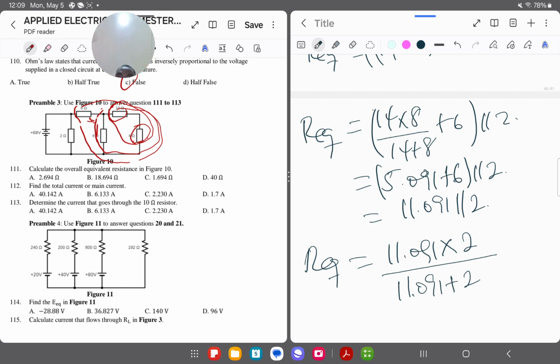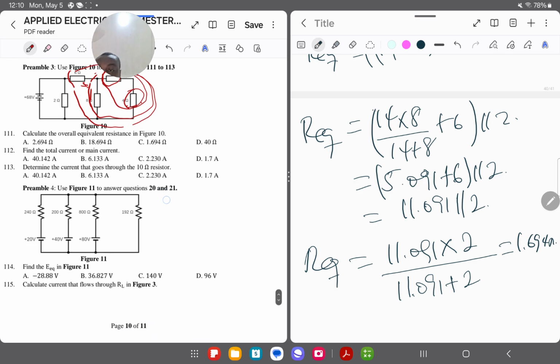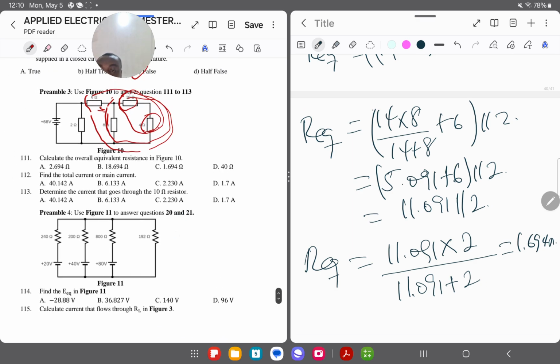That will give me 1.694 ohms. So when you look at the possible answers, we have 1.694, which is C here. Okay, so we have C.